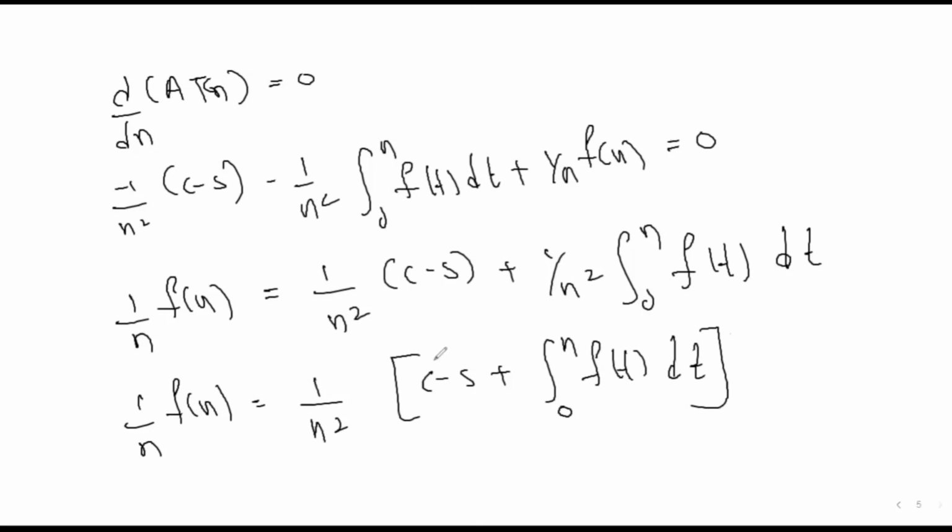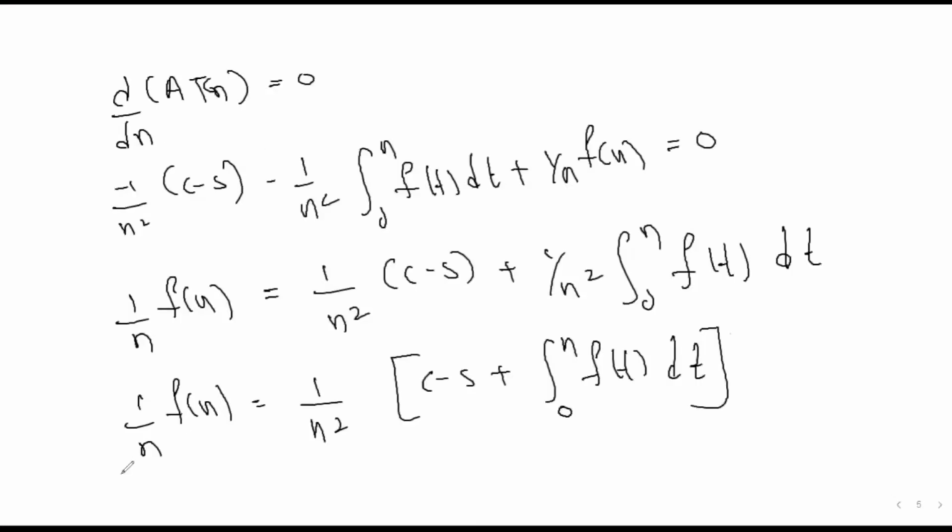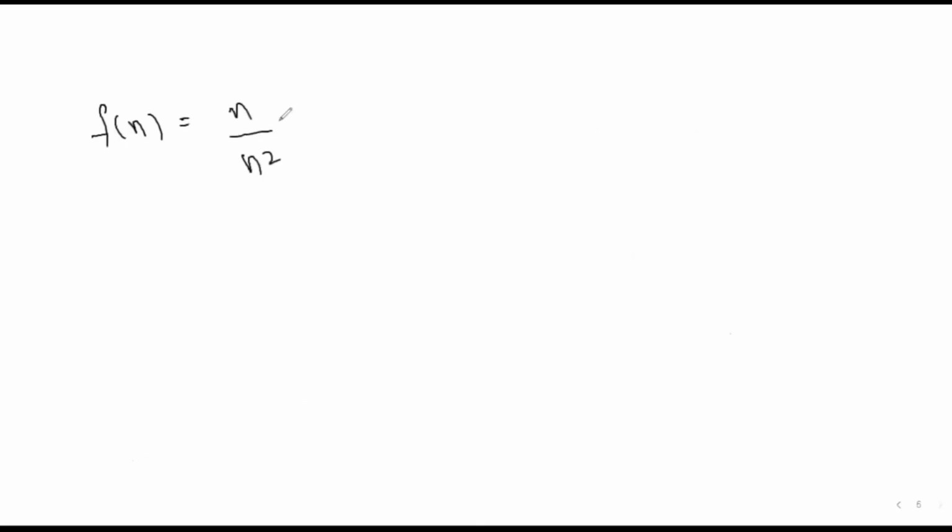So next, f of n equals n divided by n square, because I will take this n to this side, so it becomes n divided by n square into C minus S plus integration 0 to n f of t dt.